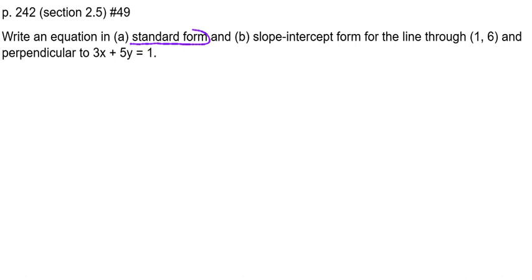Standard form of a line is when the equation looks like ax, some x term first, plus by, some b term next, equals c, some constant. So that particular order of terms, and different mathematicians and different textbooks have variations on the requirements for a, b, and c, but in our textbook, a, b, and c are integers, and a is positive or 0.